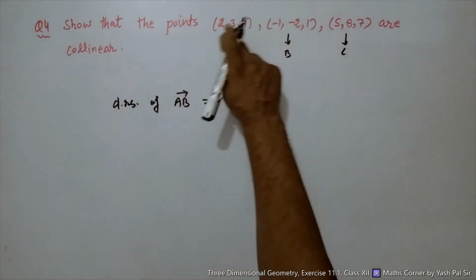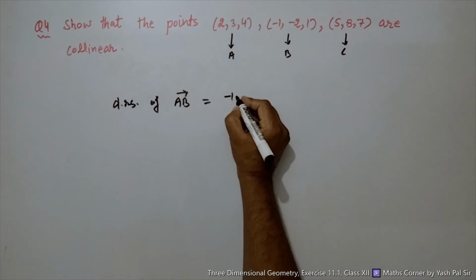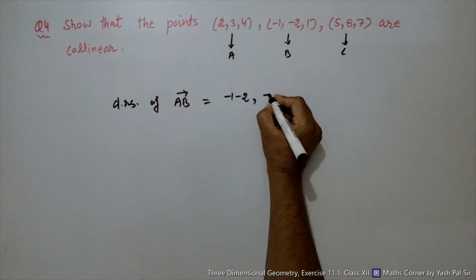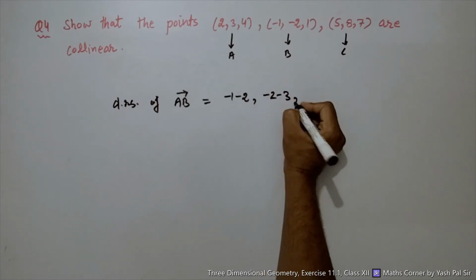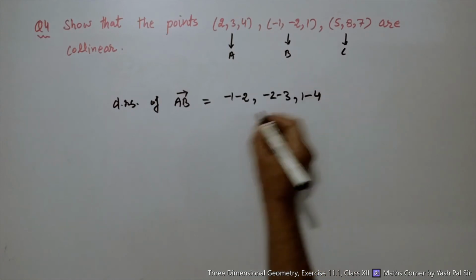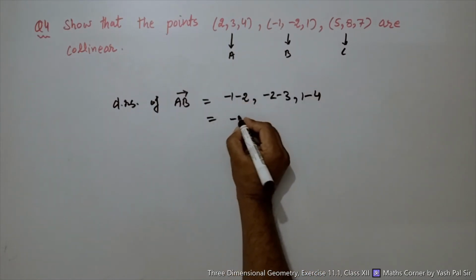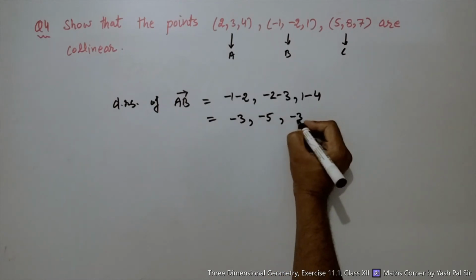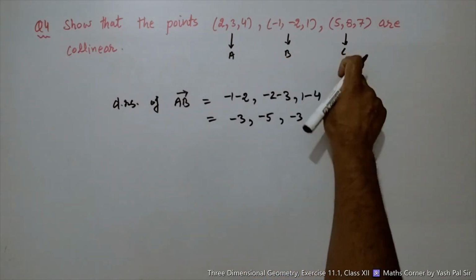They are equal to -1 minus 2, -2 minus 3, 1 minus 4. So this way we have -3, -5, -3.